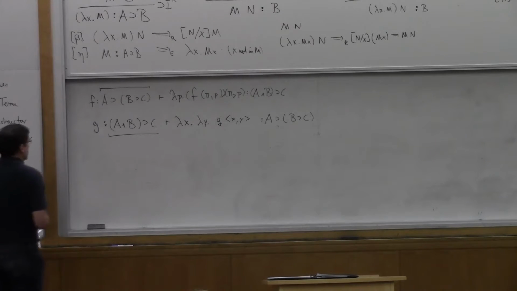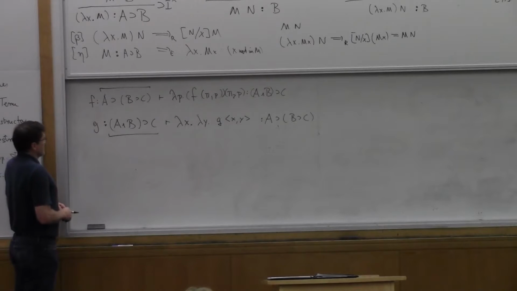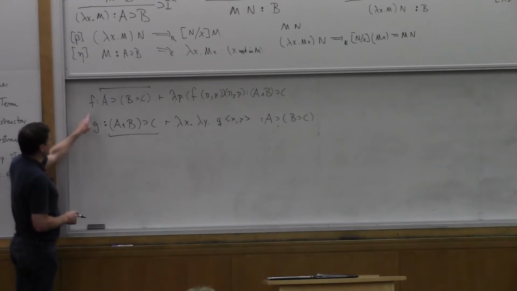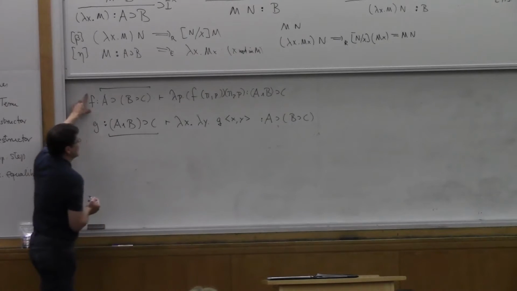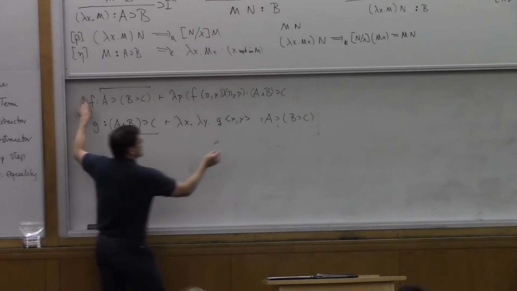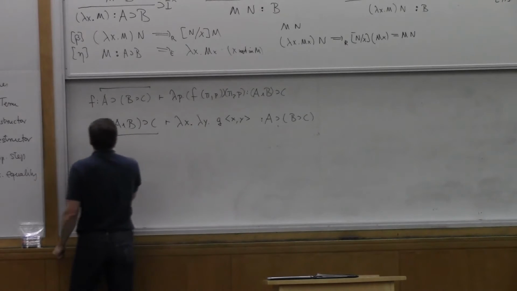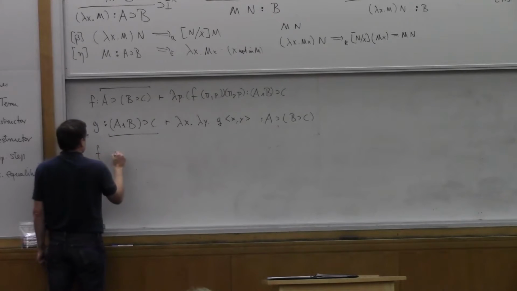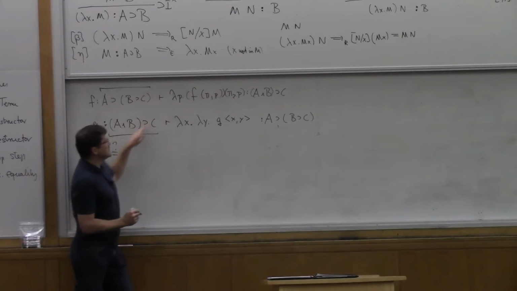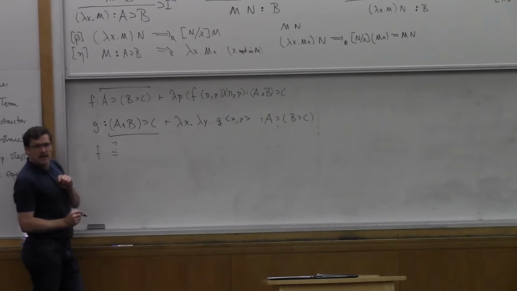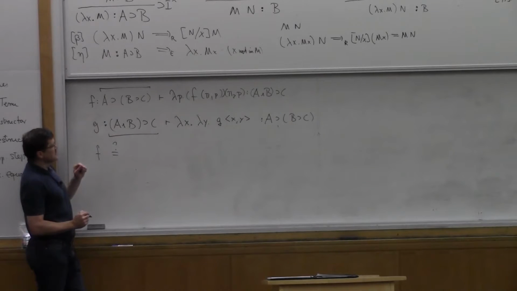So how would we check this? What I want to do is go from F back to this, for example. How would I get a term for this? I want to check if F is equal to, if I go around and compose these two functions, what would be the composition of those two functions?